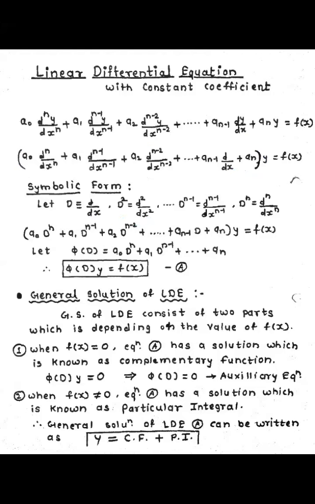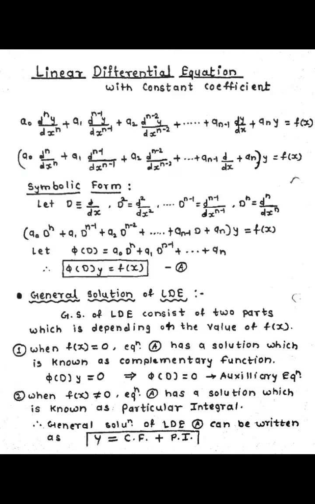Similarly, we can write D raised to n minus 1 for d raised to n minus 1 upon dx raised to n minus 1. And lastly, we can convert d raised to n upon dx raised to n into D raised to n. So with the help of this differential operator, we can write the above general form symbolically.